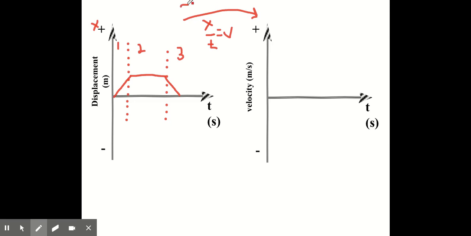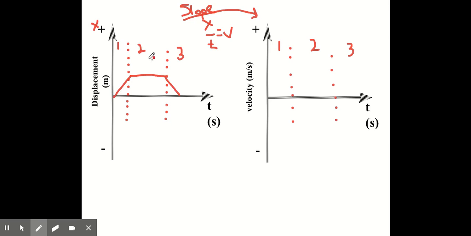So if we take the slope, we can then figure out the velocity. We have 3 parts, so I'm going to put 3 parts over here, just in chunks, so that we remember.